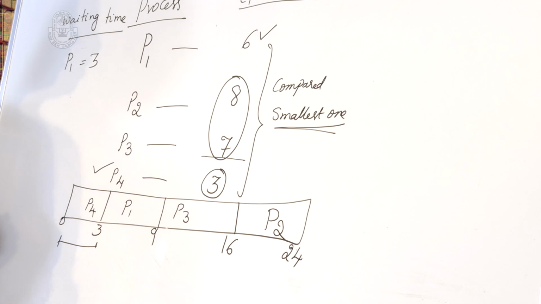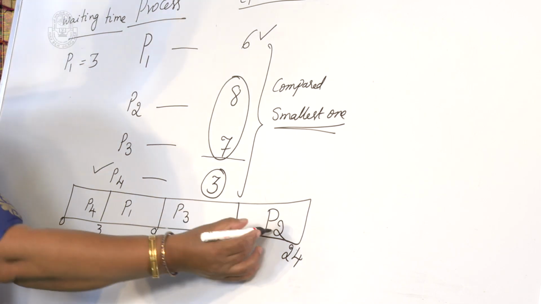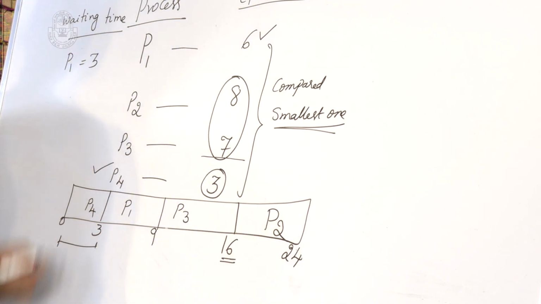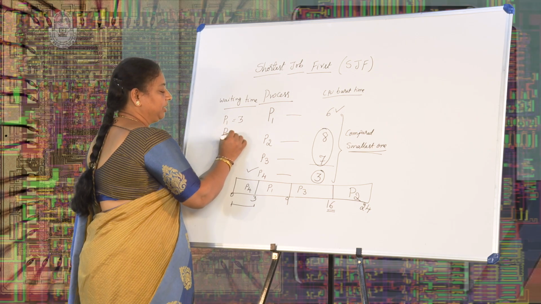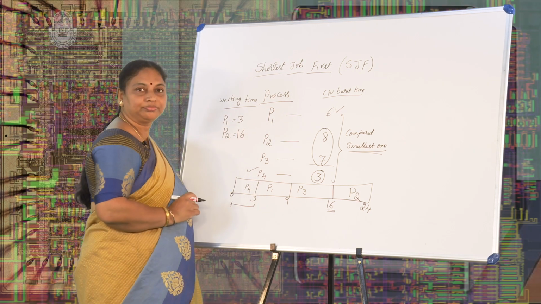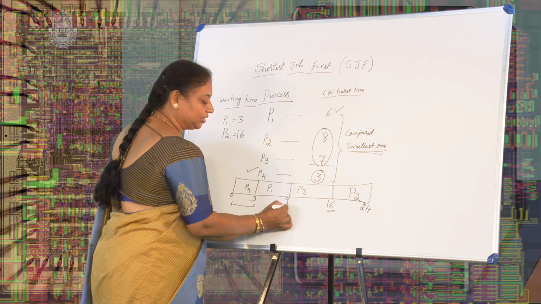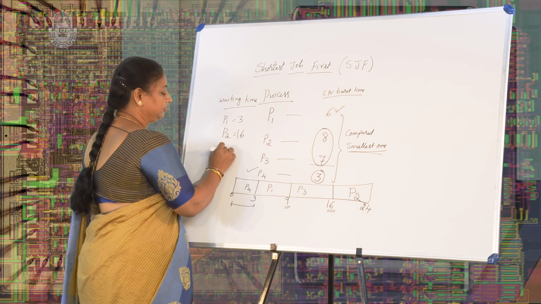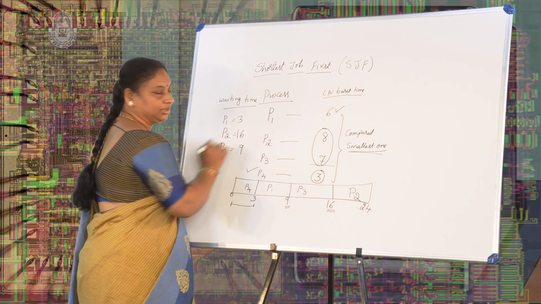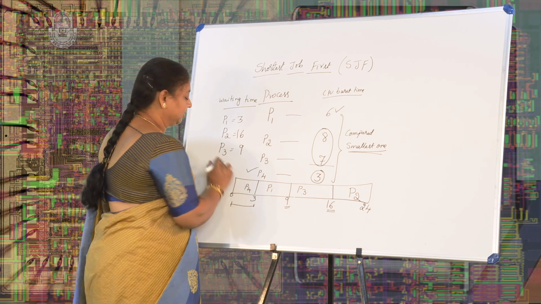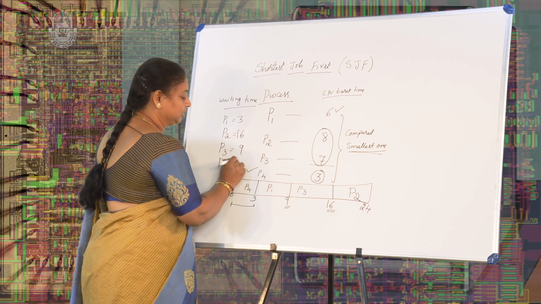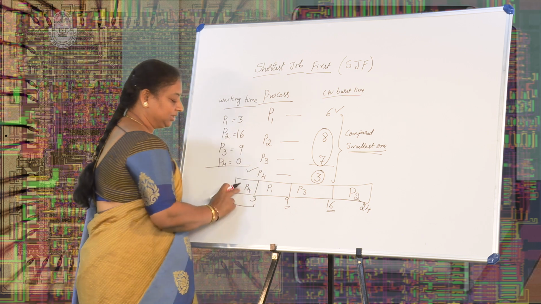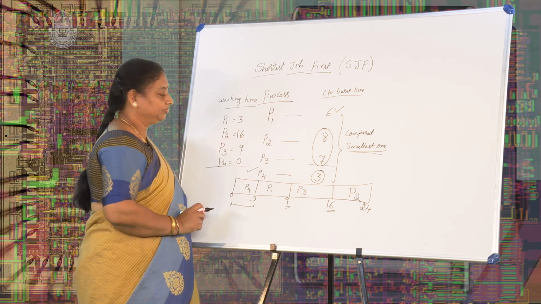So 3. What is the waiting time for P2? Till 16 it should wait. So for P2 it is 16. For P3 what is the waiting time? It is 9. Then for P4 there is no waiting time since it is served first.